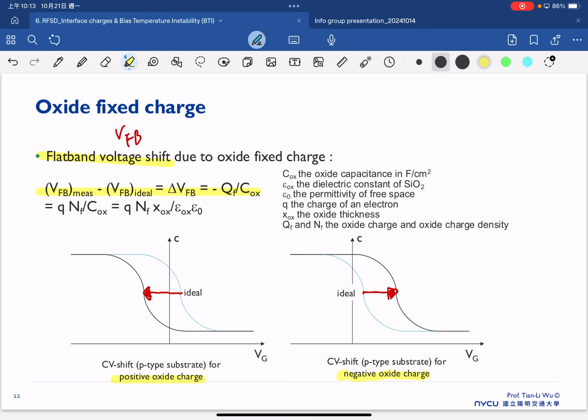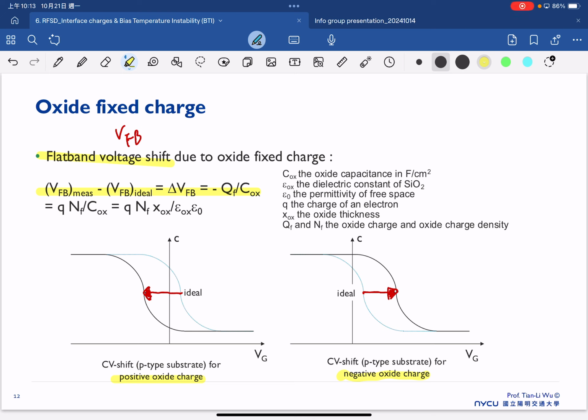Most students, when they first learn the flat band voltage, are usually very confused, because it's not easy to know why we have to learn it. Of course, the first important function of flat band voltage is that we use it to calculate the threshold voltage.